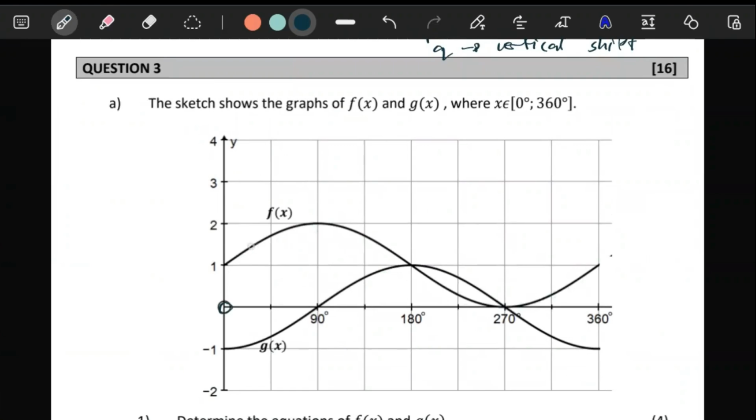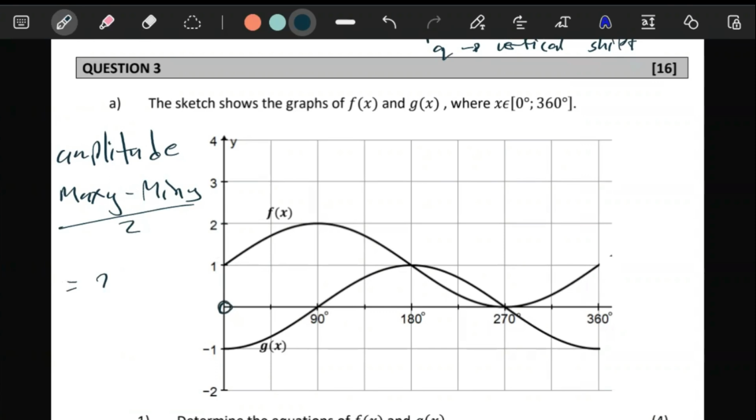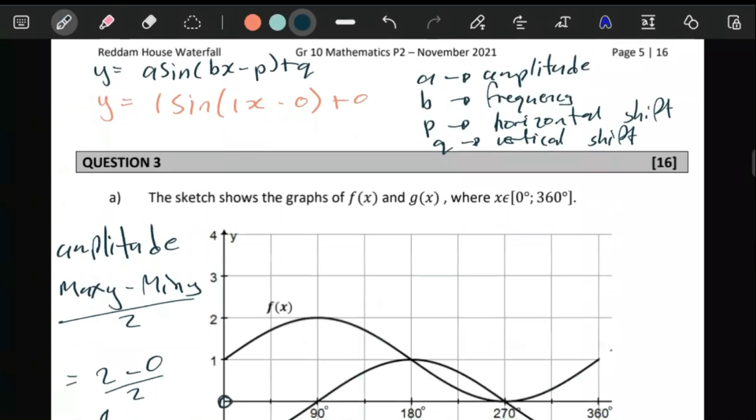And then amplitude has a formula: the maximum y value minus the minimum y value, divided by 2. So for f, the maximum is 2, the minimum is 0, divided by 2, your amplitude is 1.